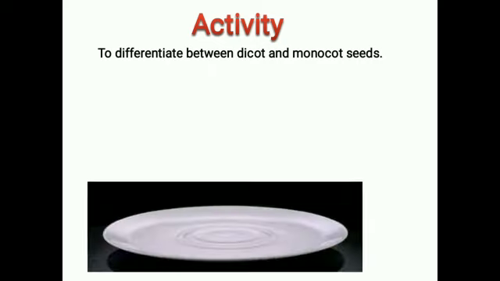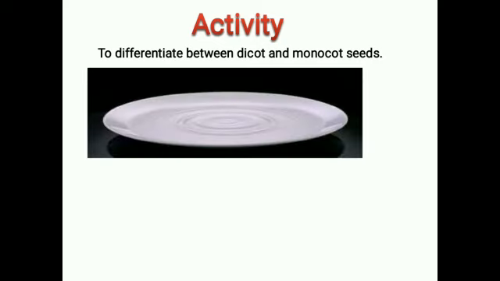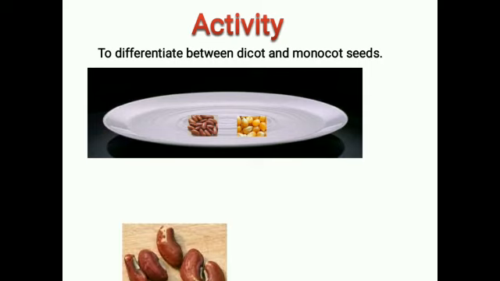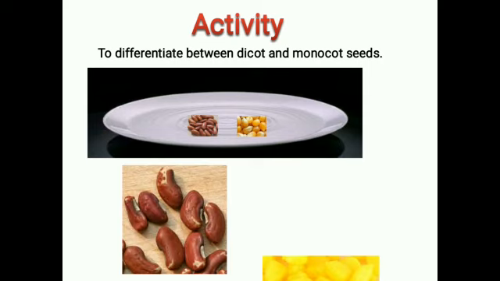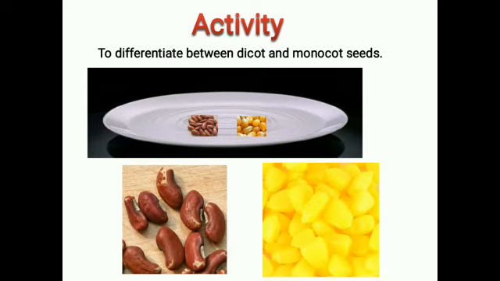Take a plate containing water and put a few bean and maize seeds in it, and leave the plate undisturbed overnight. Now what change do you notice? The seeds increase in size and become soft like this. Have you got it?